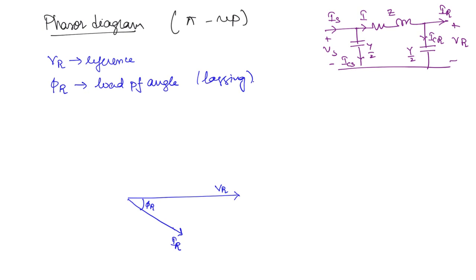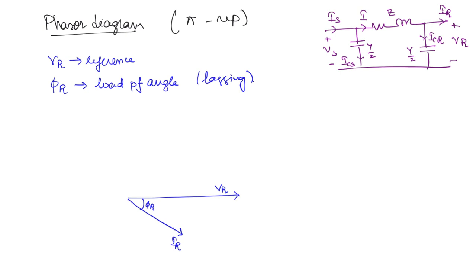Now we want to draw the voltage drop across this impedance, right? In order to draw that, we first need to identify the current I. What will be I? I is equal to the receiving end current IR plus ICR. So first we need to find ICR. Now this is the capacitor, the voltage is VR. So the current through the capacitor is going to lead VR by how much? By 90 degrees, right?